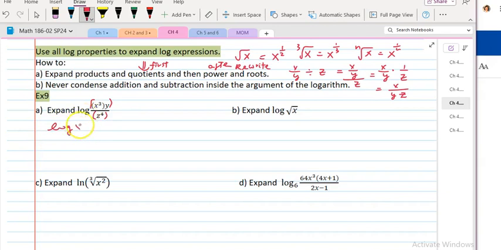So the top all together, minus log z to the 4, right? Now you look at each individually. This is a multiplication, so I'm going to expand it as log of x cubed plus log y, and then minus log z to the power 4. Now the last is the power. So these are all good powers. This is power 1, I don't have to do anything. So this would move to the front as a coefficient by the power rule.